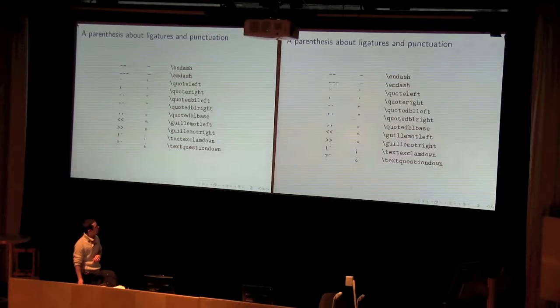Then you have quotation marks. And the last two you may know from Spanish punctuation. If this is very present in the Spanish text, you'll be happy to use just the ligature on the left and not the comma on the right, which is quite long. Okay?